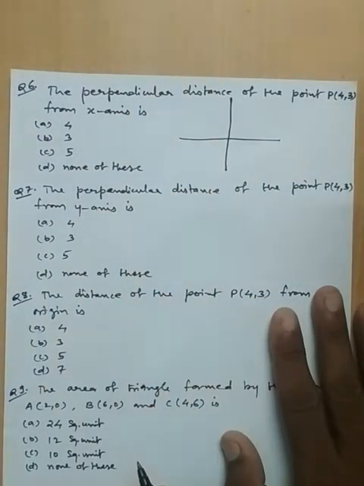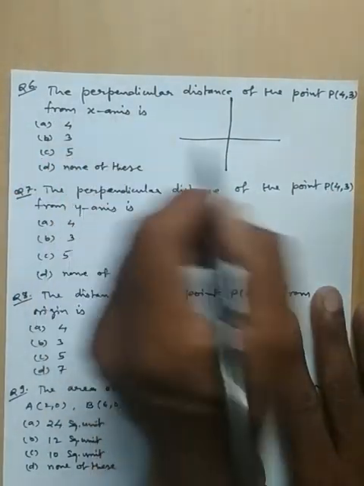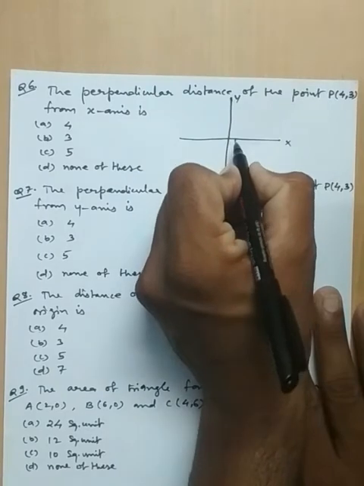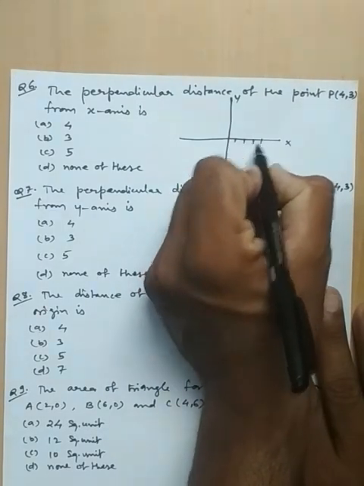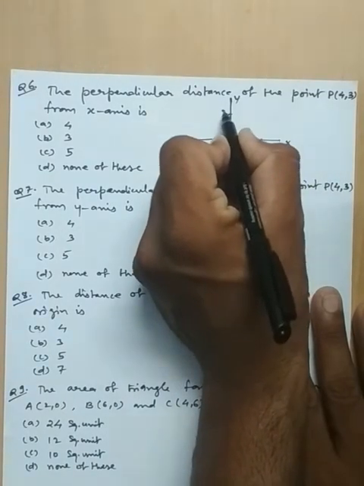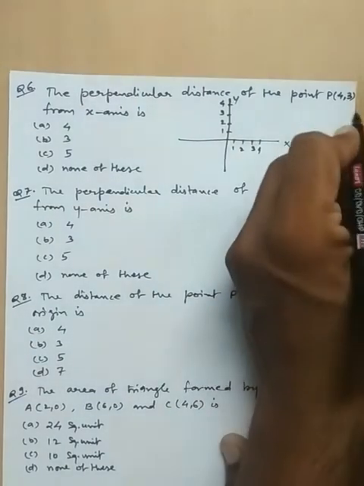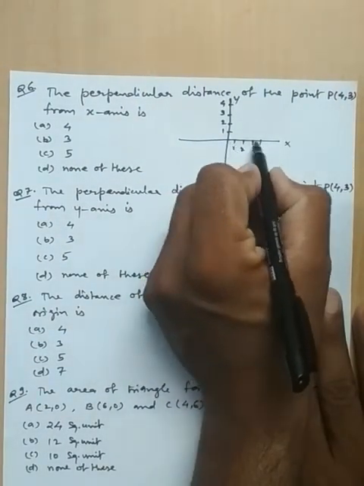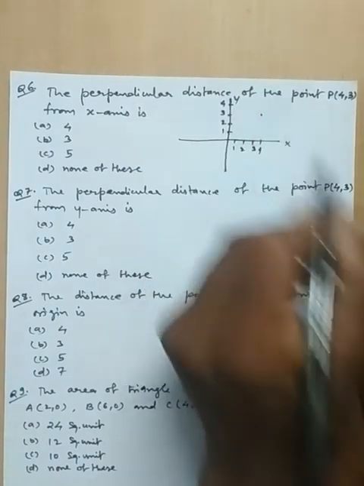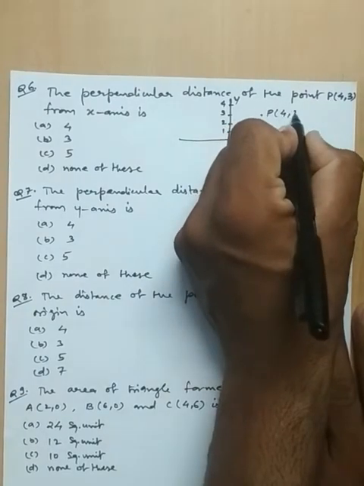This is the x-axis and y-axis. First of all, you should draw the point (4, 3). Move 4 units on the x side and 3 on this side. This point is P(4, 3).